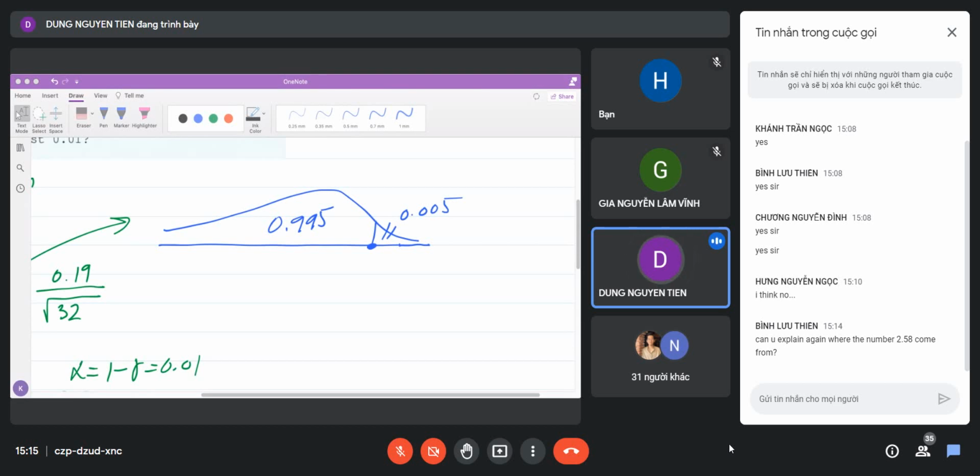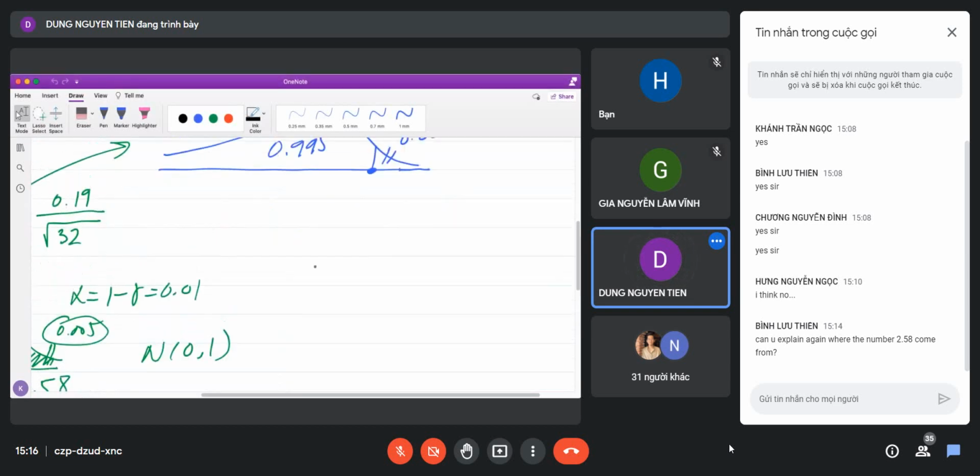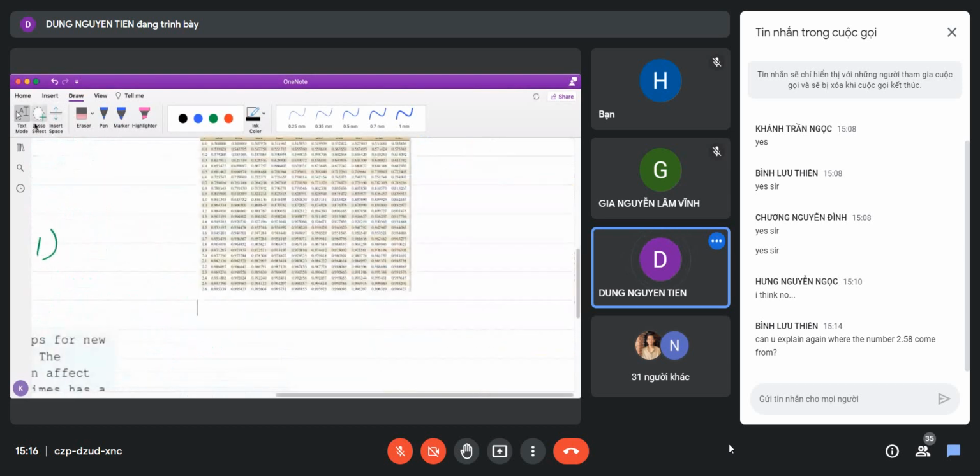I'm going to make a copy of the table, and you need to use the normal distribution table for that. All right, so you have a look at this table.